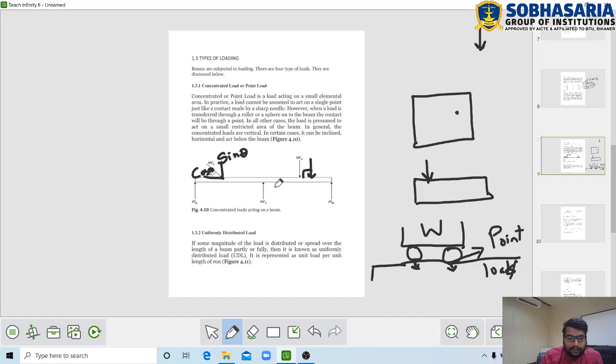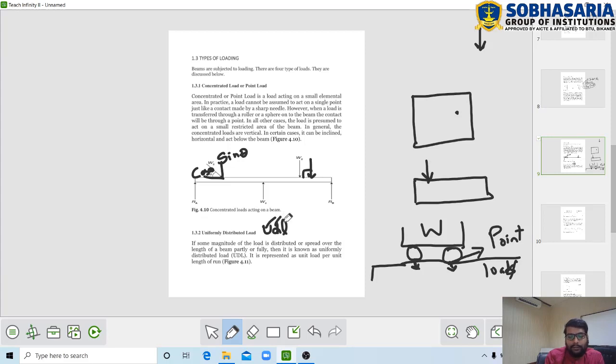The next load is a uniformly distributed load. In most of the books, the uniformly distributed load is denoted in short form as UDL.